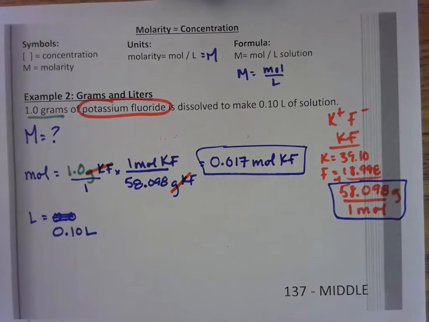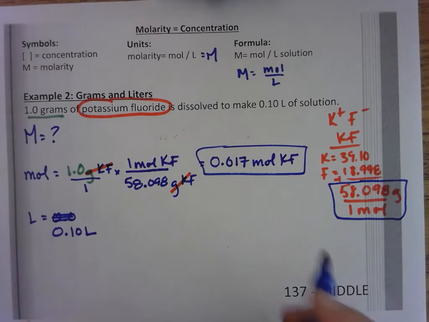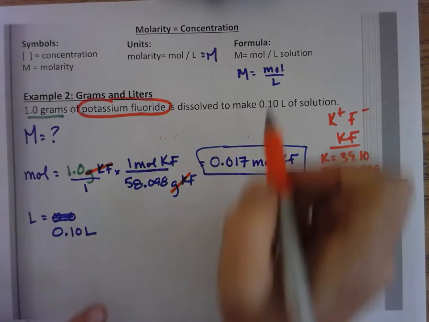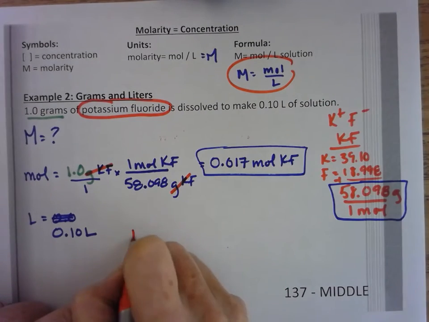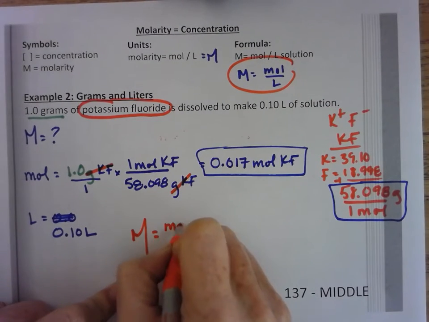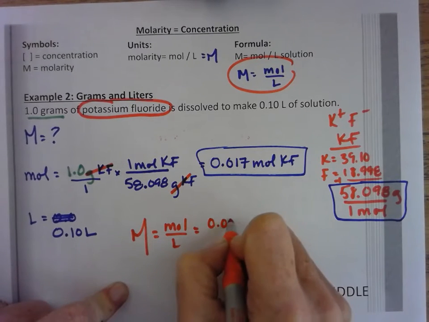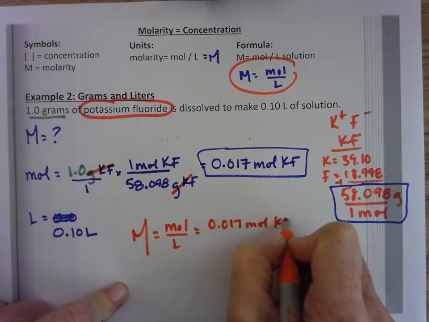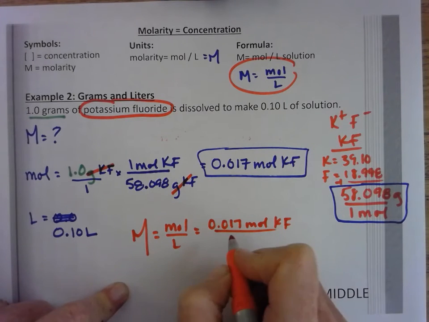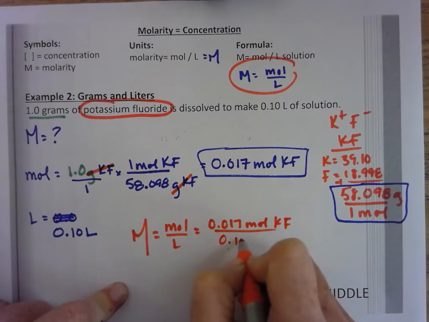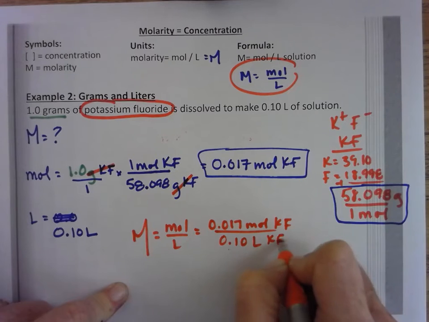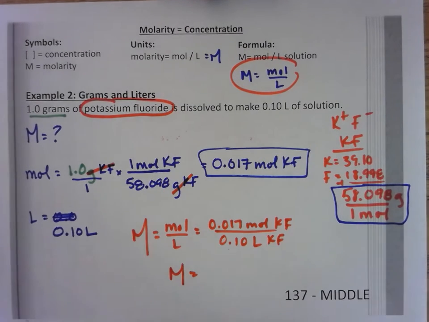Again, all of what I just did is old skills. So now we're going to just wrap this up. Here is my new formula. Now I have everything that I need. Moles divided by liters: 0.017 mole KF divided by 0.10 liters, and that gives 0.17.